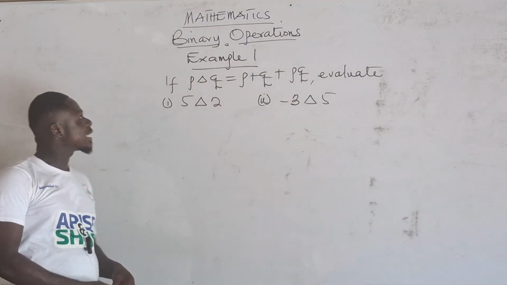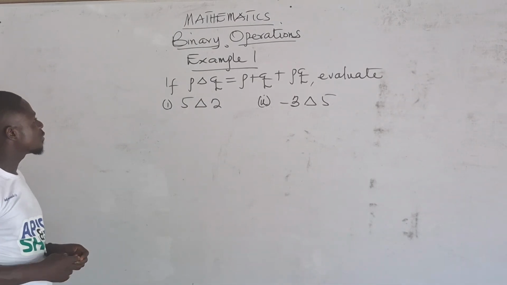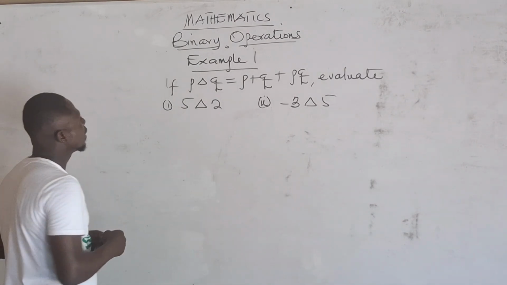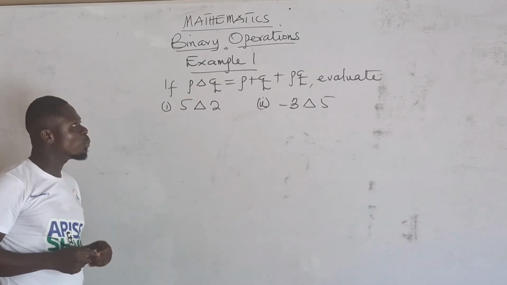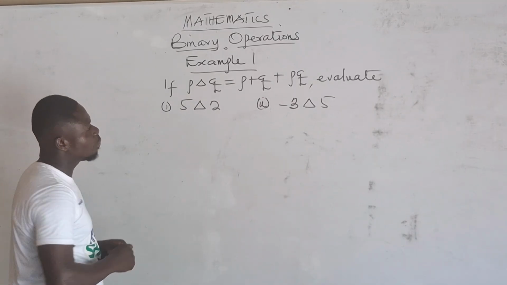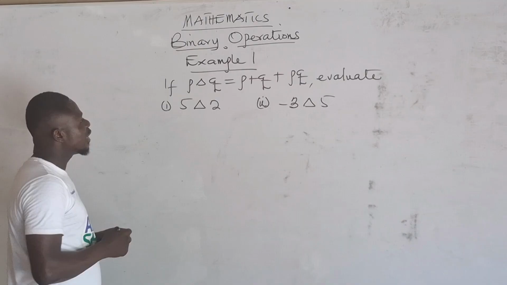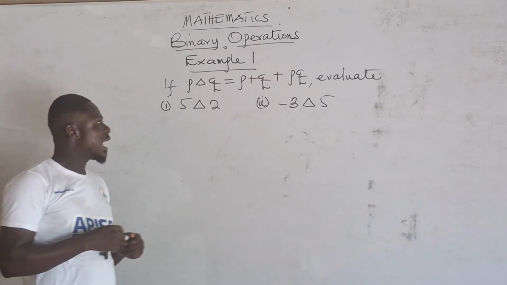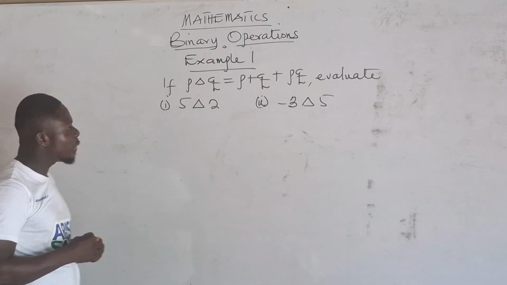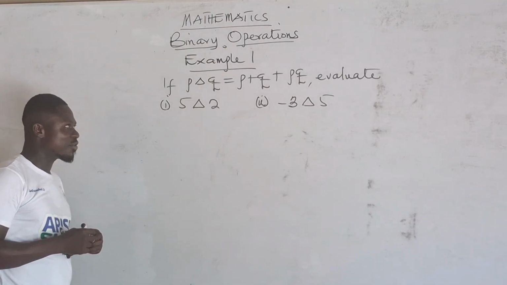In our first example for today, we have if P operated on Q, P delta Q is equal to P plus Q plus PQ. Evaluate I, 5 delta 2, II, negative 3 delta 5.